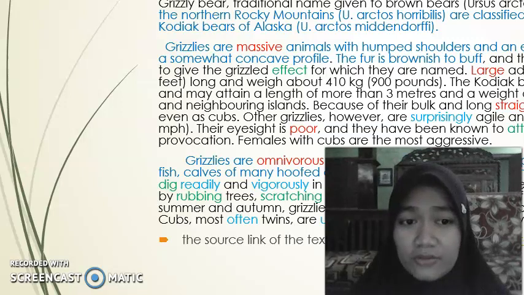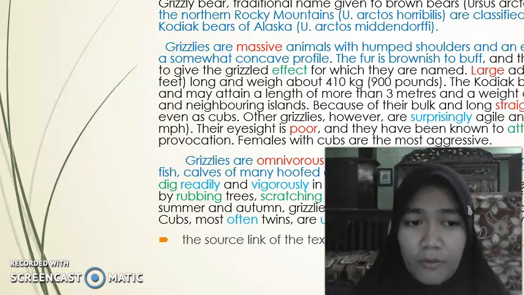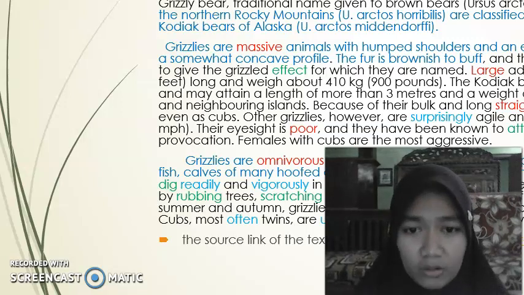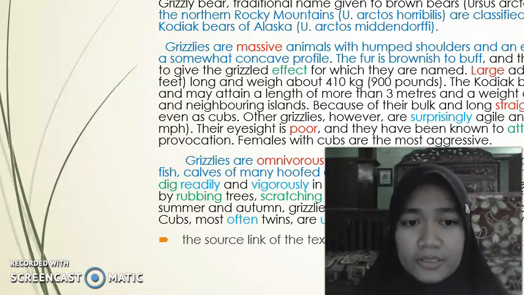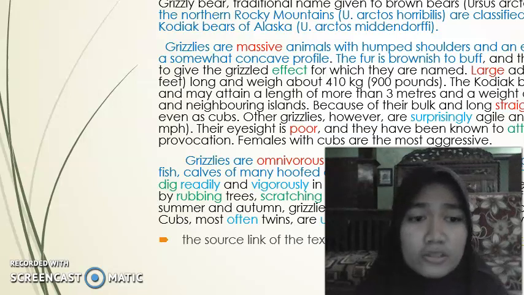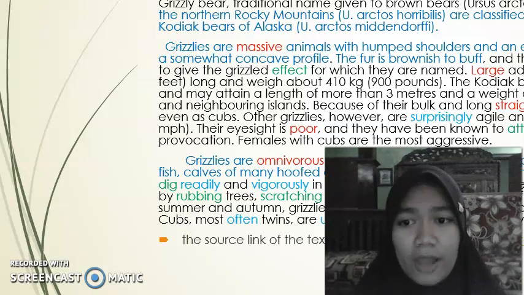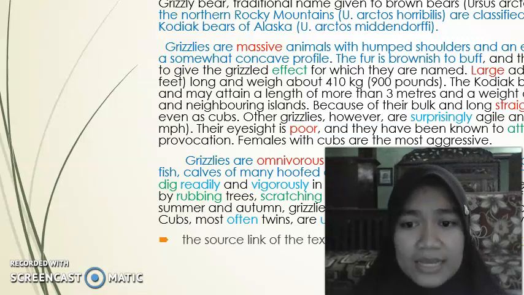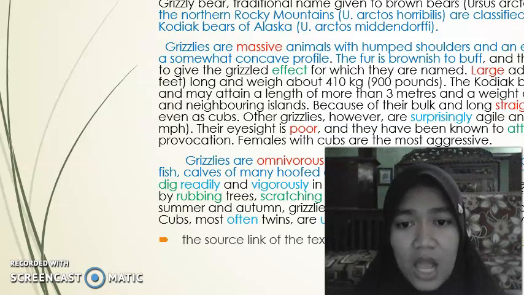Large adult grizzlies may be about 2.5 meters or 8 feet long and weigh about 410 kilograms or 900 pounds. The Kodiak bear is the largest living land carnivore and may attain a length of more than 3 meters and a weight of 780 kilograms. It lives only on Kodiak Island and neighboring islands.